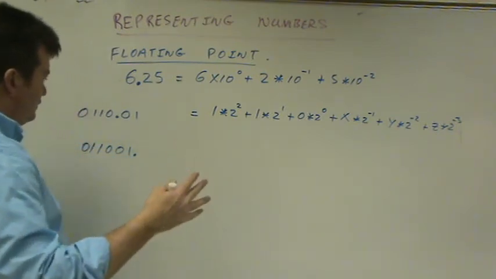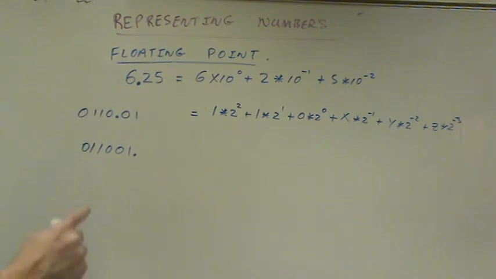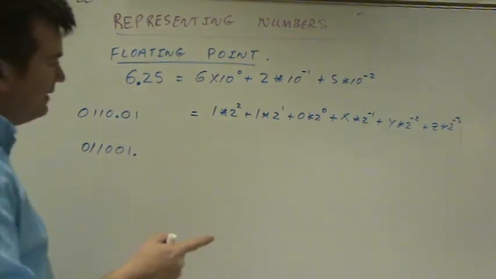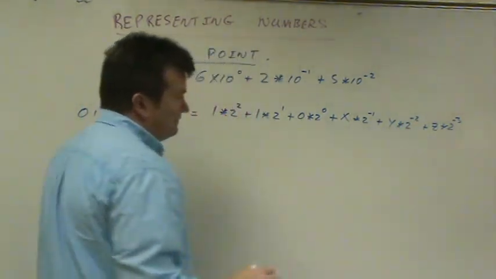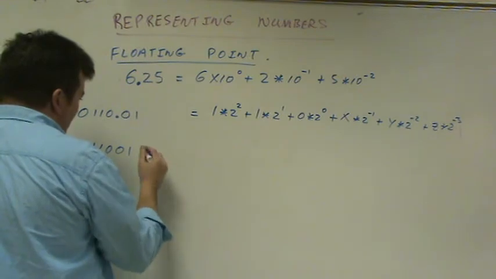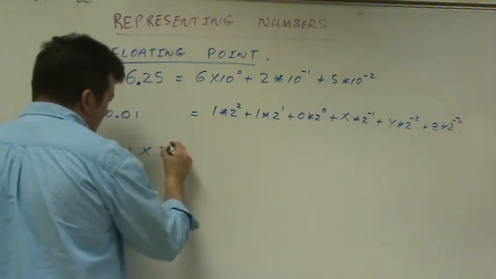It's not 2, it's 4. Sorry. To the minus 2. Exponent to the minus 2, right? So we could take this number and then multiply it by 2 to the minus 2.